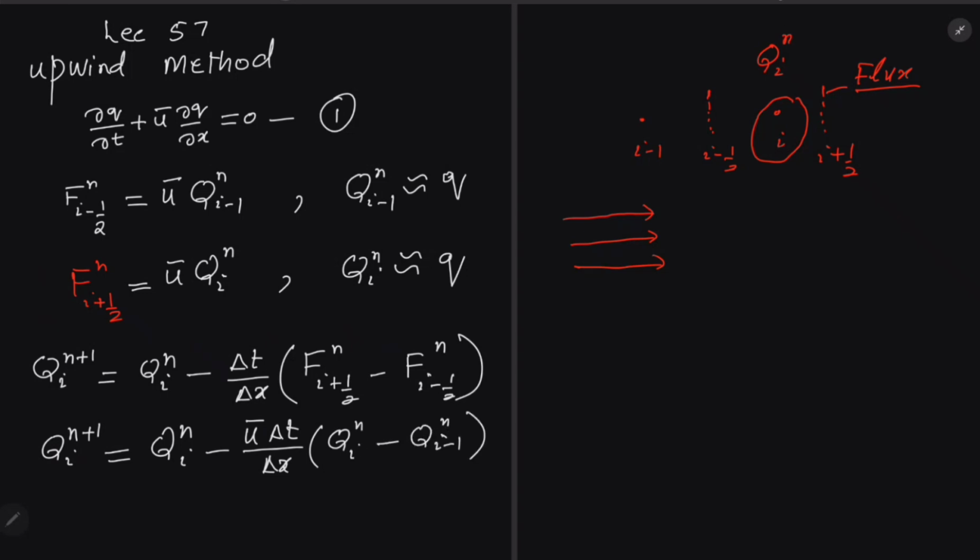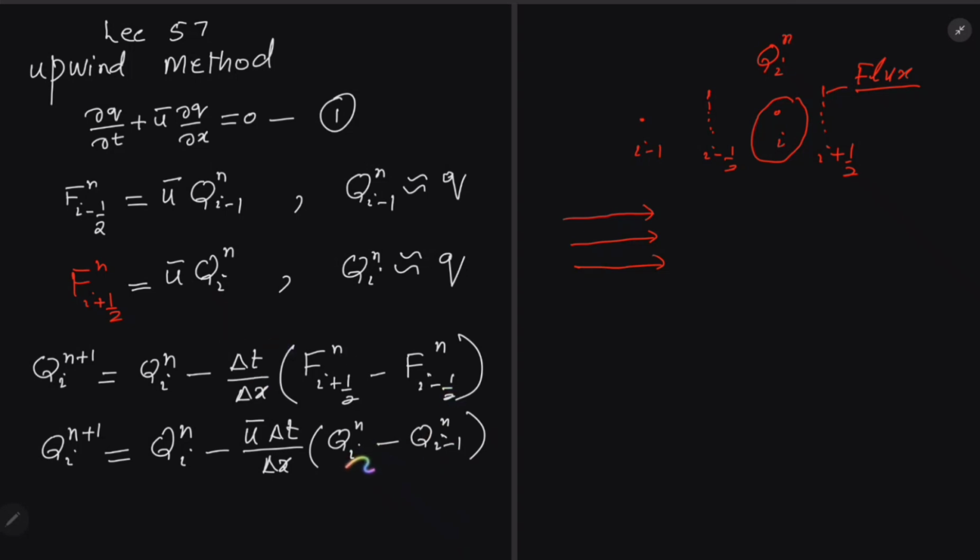So here you can see that we have a one-sided flux, a one-sided value. It is coming from I and I minus 1. And we assume that u bar is greater than 0. Why? How should I know that u bar is greater than 0?